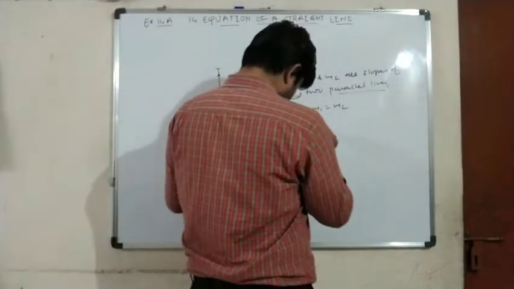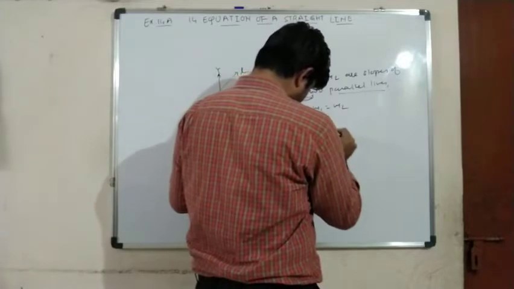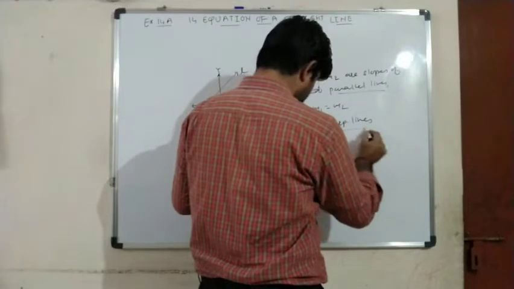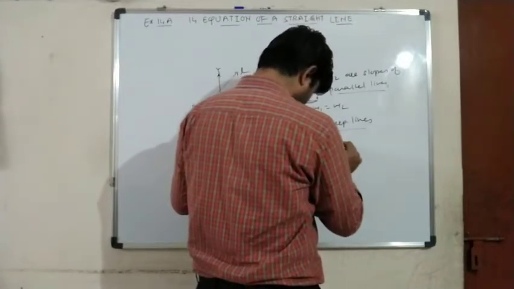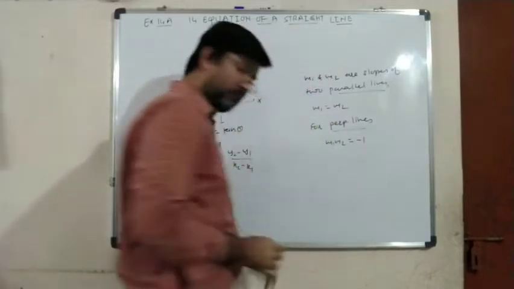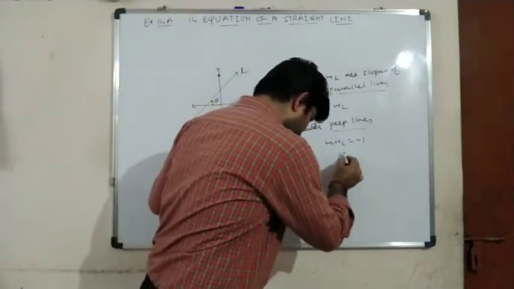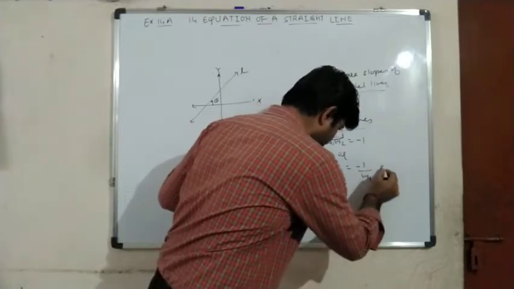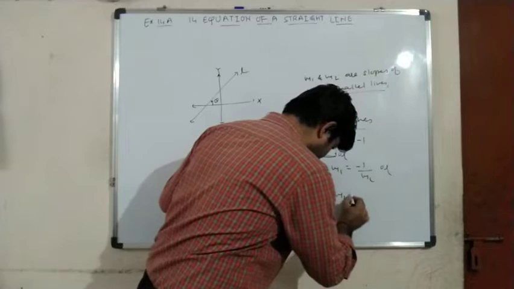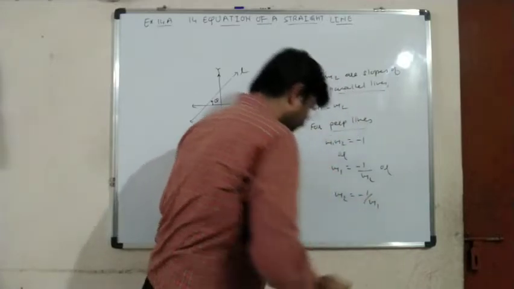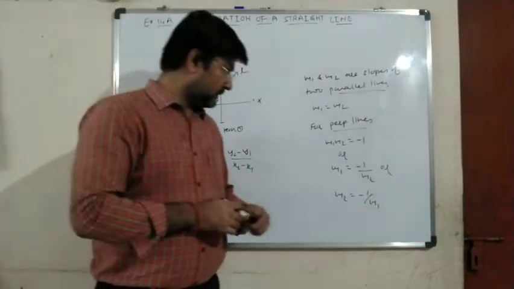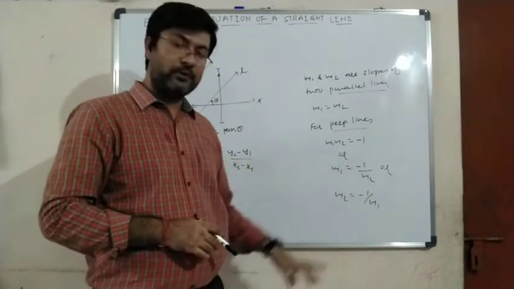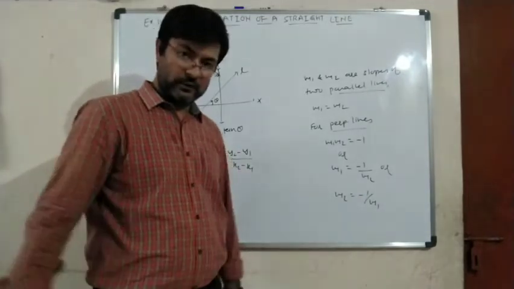Again, for two perpendicular lines, the product of the two slopes m1 into m2 will be equal to -1, or the slope of one line will be the negative reciprocal of the slope of the other line. Yes or no? Clear? So m1 into m2 is equal to -1, or m1 is equal to -1 upon m2, or m2 is equal to -1 upon m1.